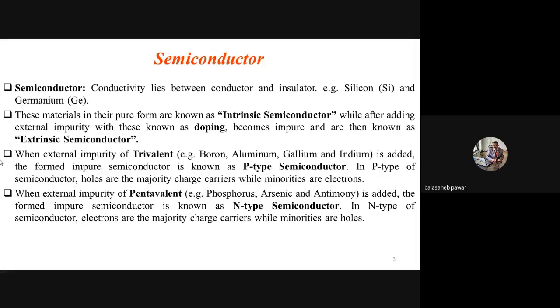Now remember one thing: when silicon and germanium are available in their pure form, they act as what? You are already studying this semiconductor from school level. The options are: insulator, conductor, semiconductor, or none of these. What do you think?